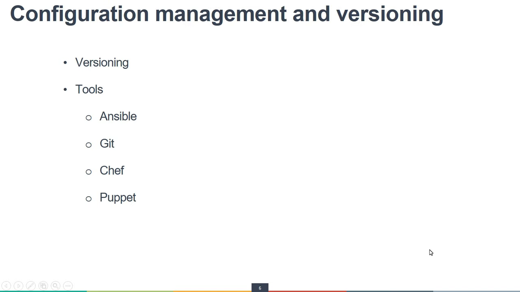Configuration management and versioning. Versioning plays a vital role here. Configuration management is the process of tracking and controlling the configuration changes to the system and the software, and at the same time the versioning of the open source or third party software that we are using, or even the versioning of the software that we are releasing.